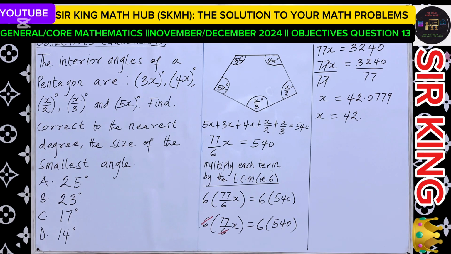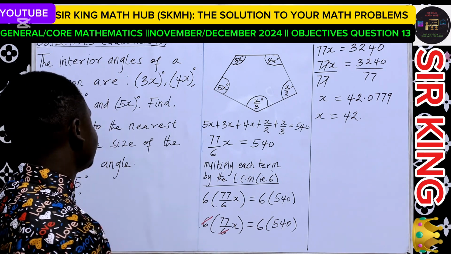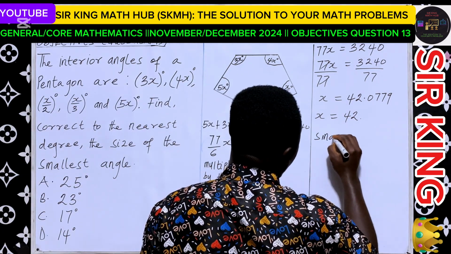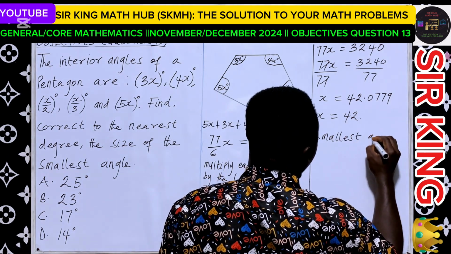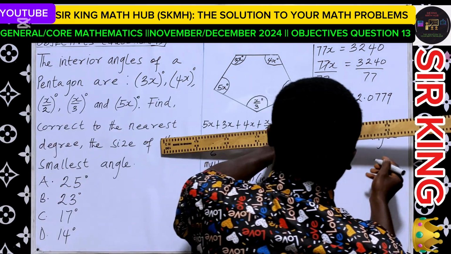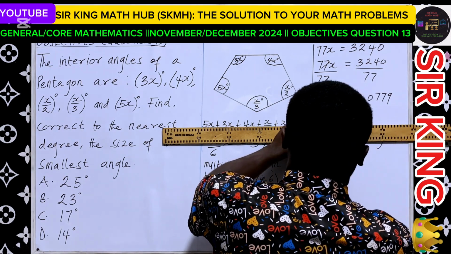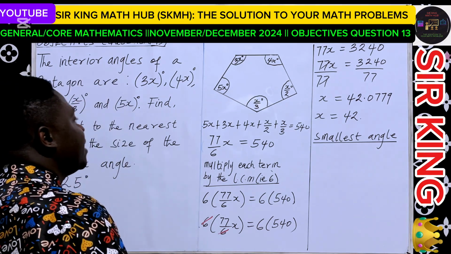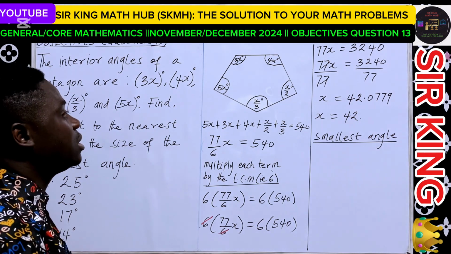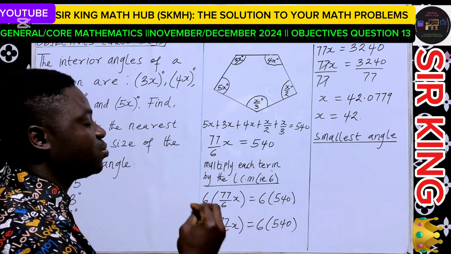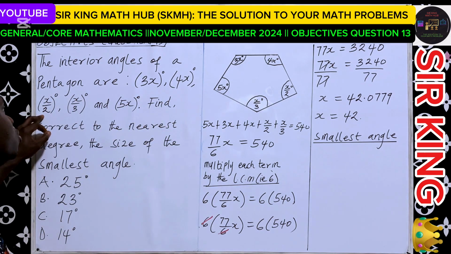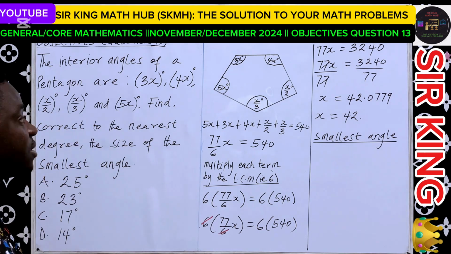Now, we are looking for the size of the smallest angle. So how do we get it? Looking at the expressions for the interior angles of the pentagon, which expression will give us the smallest angle? 3x, 4x, x on 2, x on 3, and then 5x.